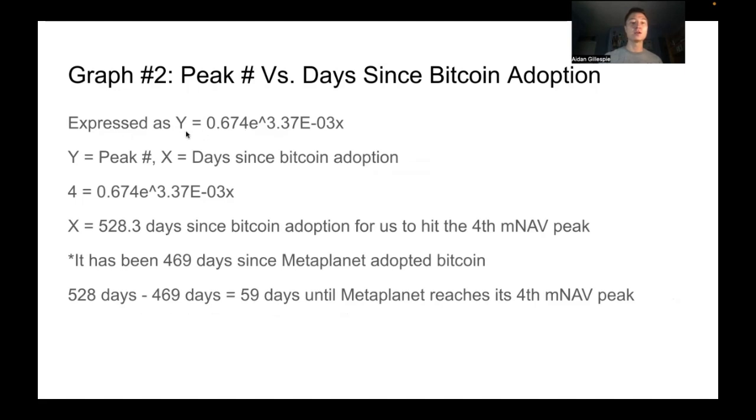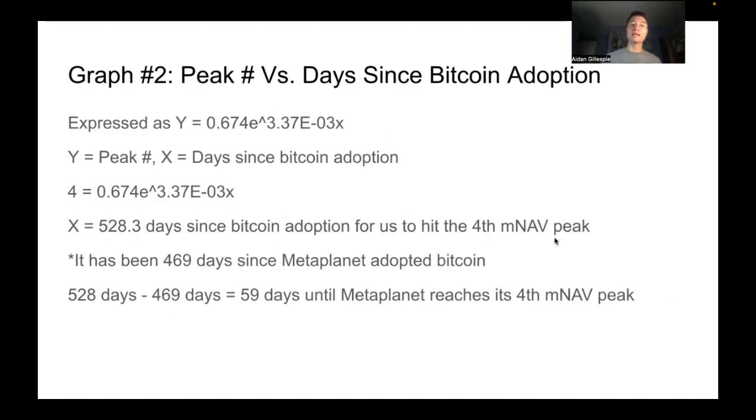What we're essentially going to do is take that next peak number that we're approaching, the fourth peak, and plug that in for Y. So we get an equation of 4 equals 0.674 e raised to the, I won't get into that too much here, but we'll just plug in 4 for Y. And then if you do the math, you'll get X equaling 528.3 days since Bitcoin adoption for us to be able to hit that fourth MNAV peak.